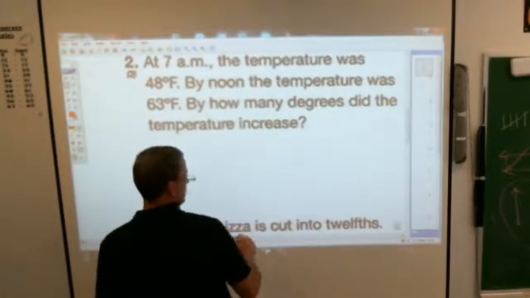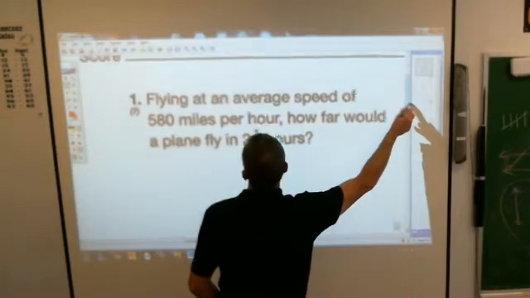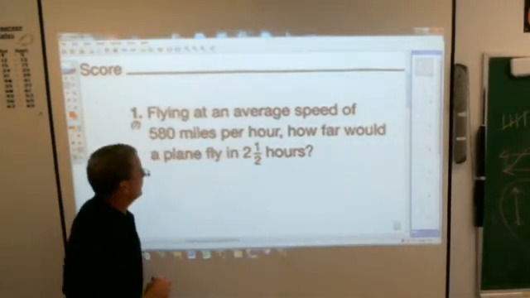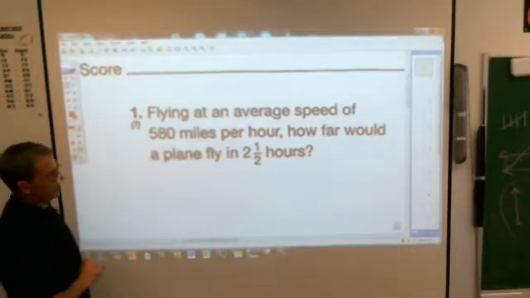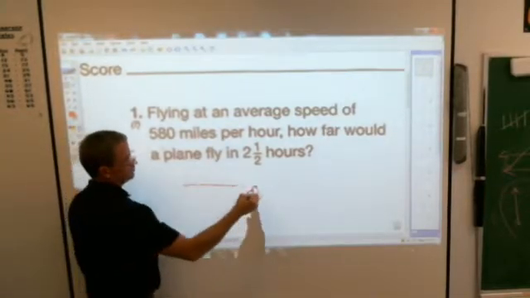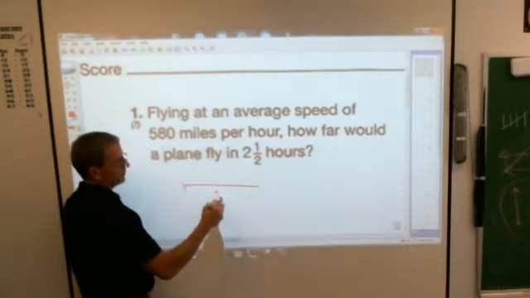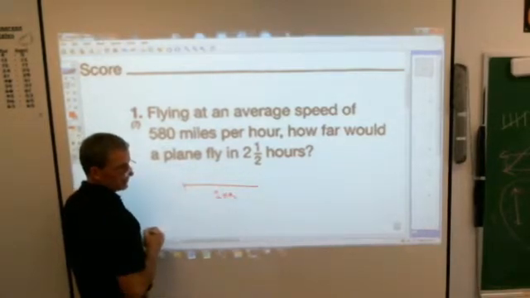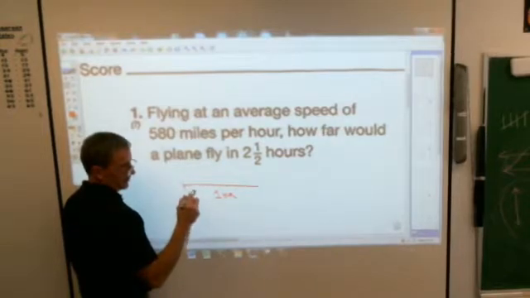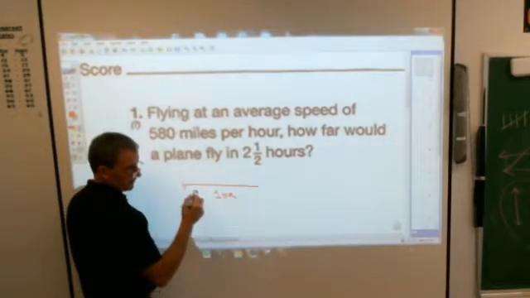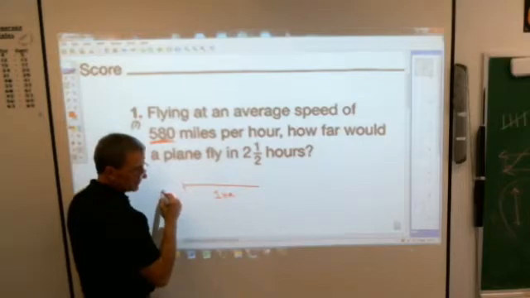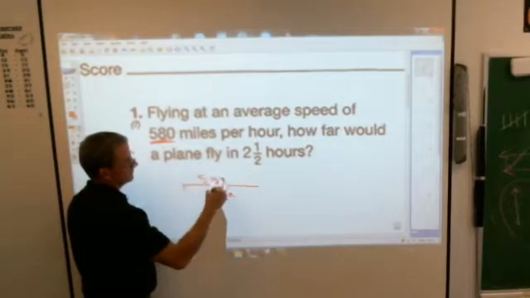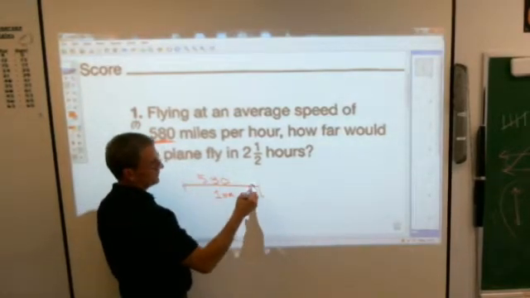Because again, I find the story problems become just a little clearer when I draw something out. How fast is my plane going, Carolina? Per hour, right? So here's the plane. In 1 hour, it goes how far? How far in every hour? 580. But it's going for 2.5 hours, so it goes for this 1 hour.